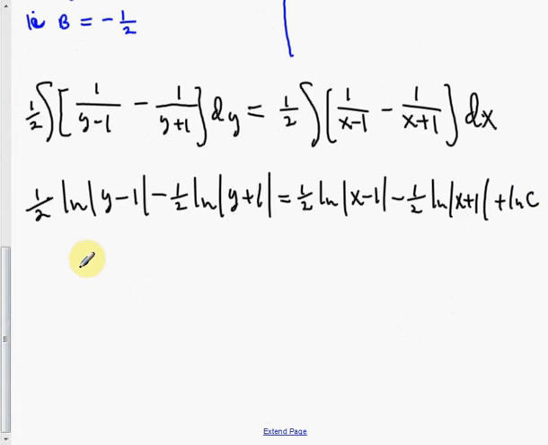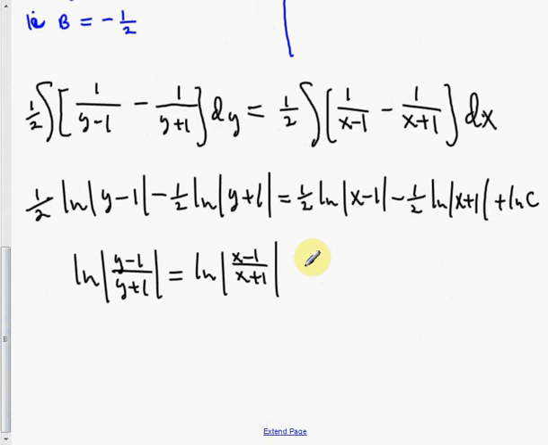So in simplified form we have the natural log of the absolute value of y minus 1 all over y plus 1 is equal to the natural log of x minus 1 all over x plus 1, plus 2 times the natural log of c. We're still going to claim that as just the natural log of c. 2 times the natural log of c is the natural log of c squared, but that's still a constant, so we're okay.